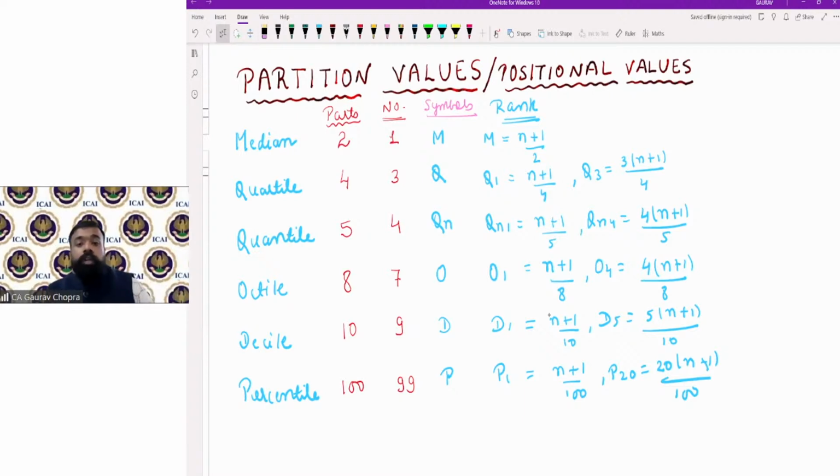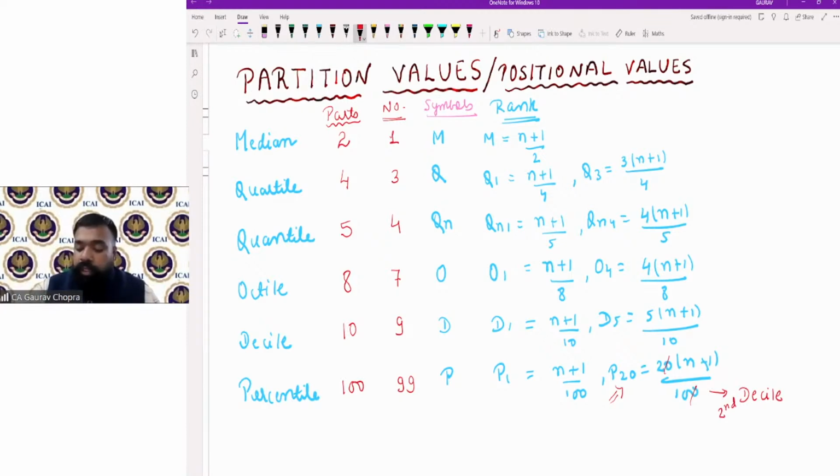Now some more things to understand here. Let's take P20 first. Can we cancel these zeros? If we cancel the zero, it becomes 2(n+1)/10. If there is 10 in the denominator, it means decile, and 2 is there, so it is the second decile.